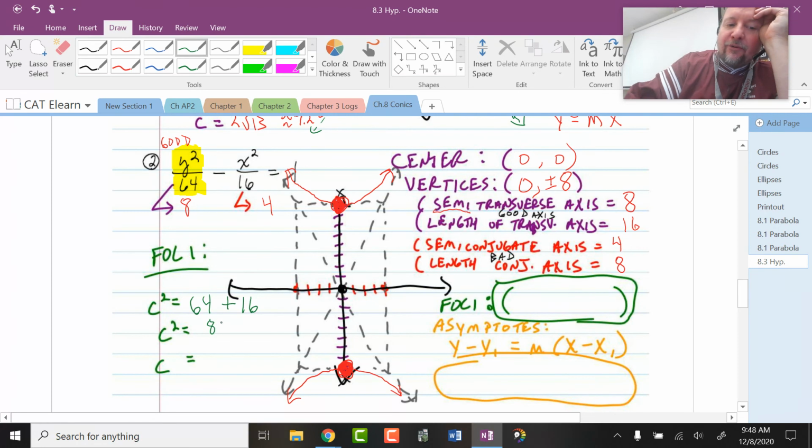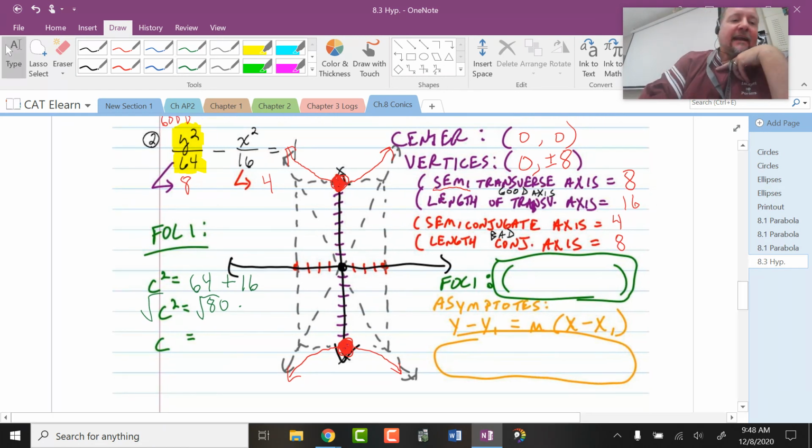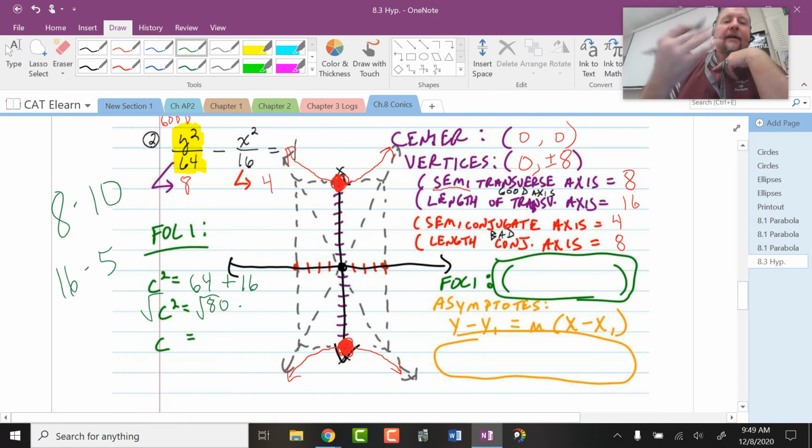80. Oh, we're going to do it again. What's 80? What times what? Take a 2 away from 10. What's 2 times 8? You see how I did that? Watch how I did that. 8 times 10. Neither one of these are perfect squares, but I'm going to take a 2 away from 10. And now I got a perfect square times a non-perfect square.